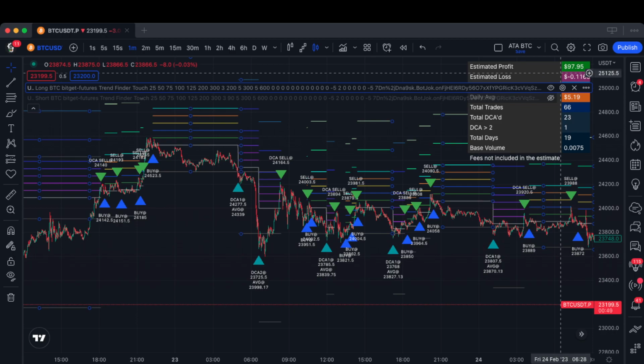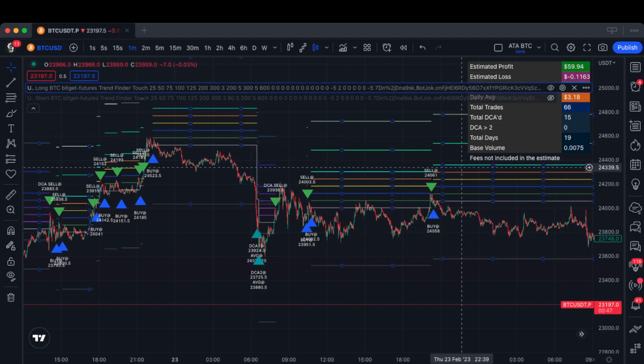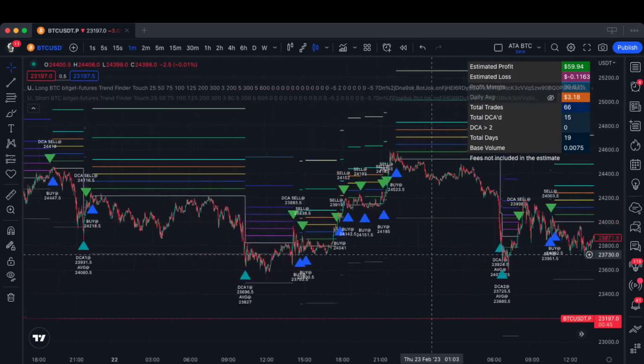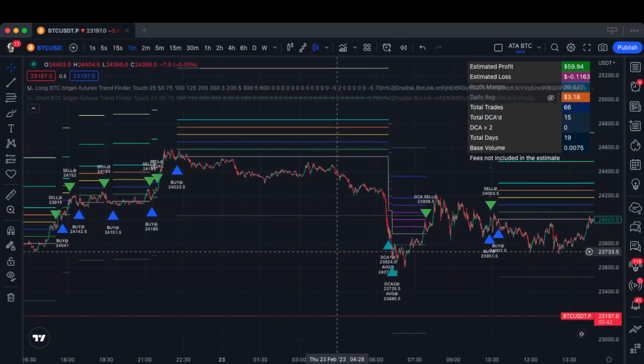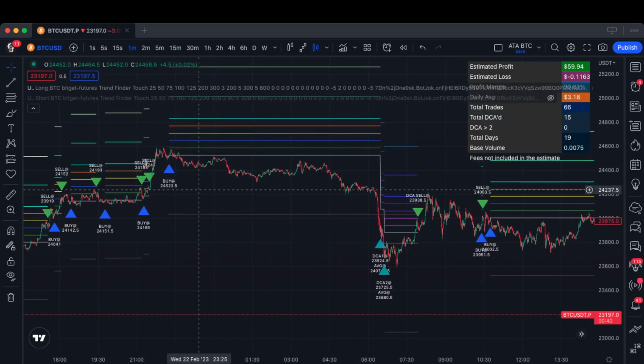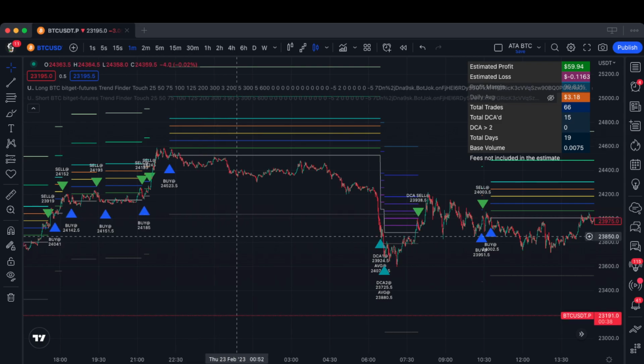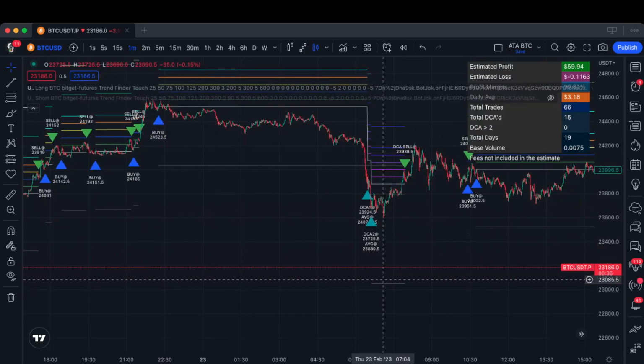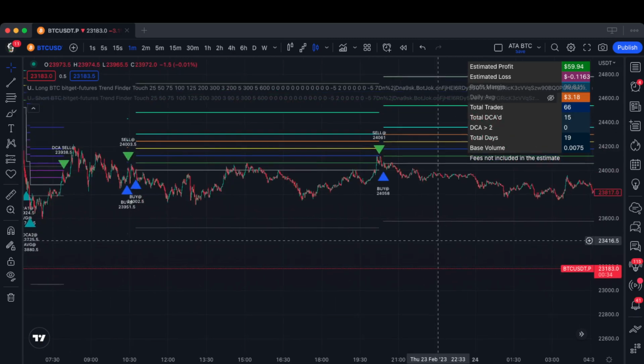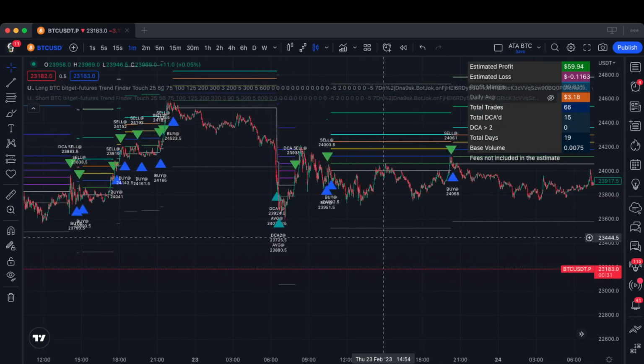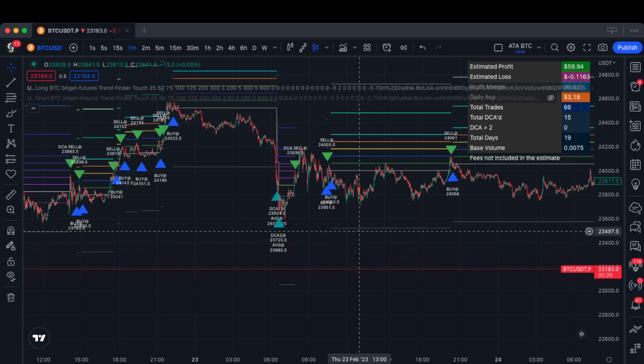It could be a good thing, could be a bad thing, right? Could get stuck, right? But you can notice it's not going to DCA 1 as many times because you won't even allow it to DCA until it gets to this white line. Then you won't allow it to DCA 2 till it gets down to the next white line, right? And so that's where you put the range on that.